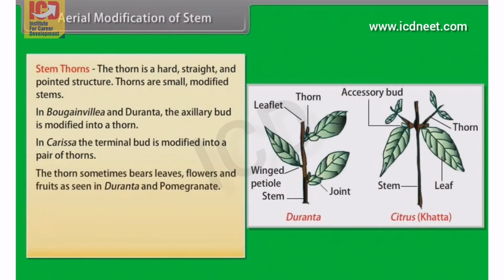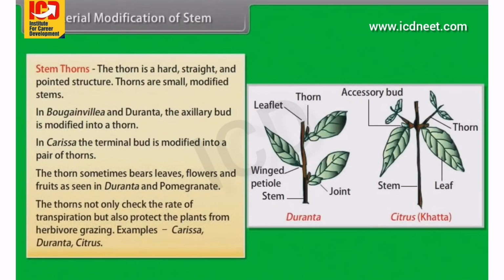The thorn sometimes bears leaves, flowers, and fruits as seen in Duranta and pomegranate. The thorns not only check the rate of transpiration, but also protect the plants from herbivore grazing. Examples: Carissa, Duranta, citrus.